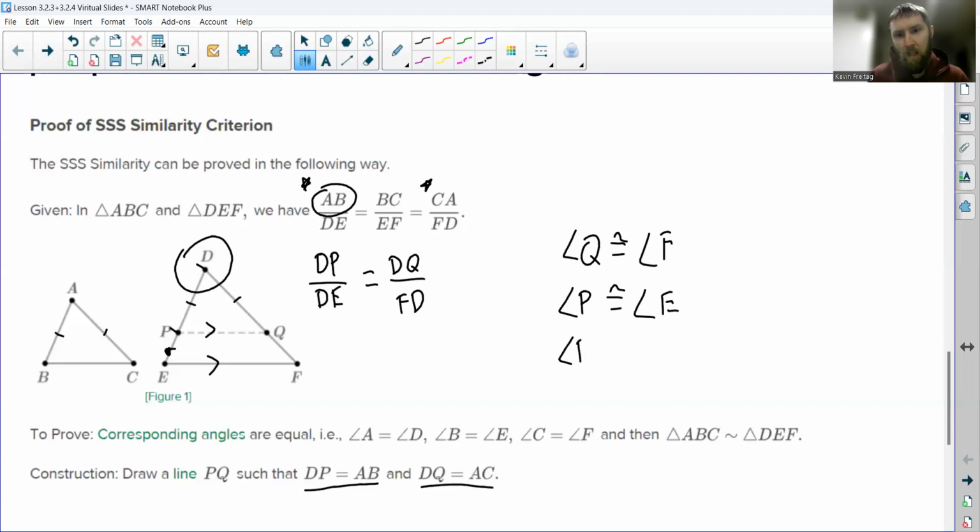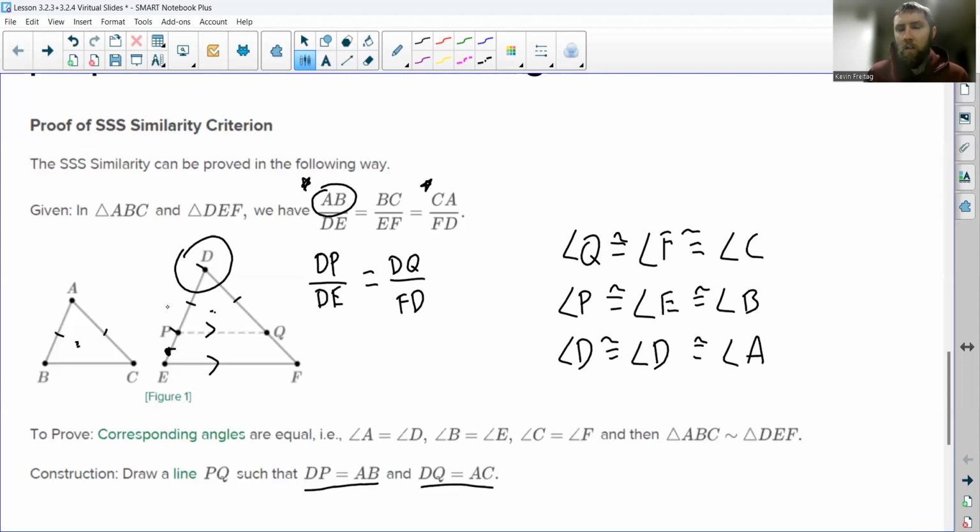So angle D is congruent to angle D. But remember that this triangle DPQ, I drew the line so that it was the same as this triangle ABC. I made sure that that was the case. So now this triangle is congruent to this triangle, which means all of these D's, P's, and Q's here, I can replace with C's, angle C and angle B and angle A.